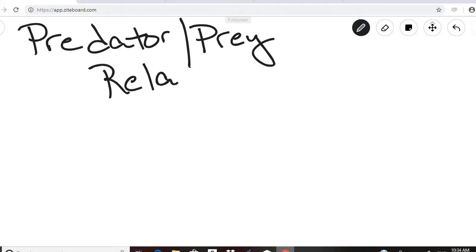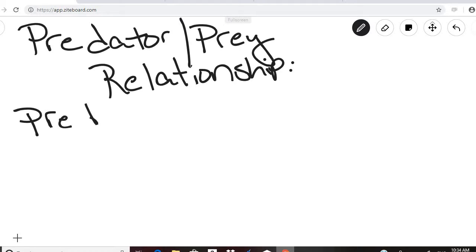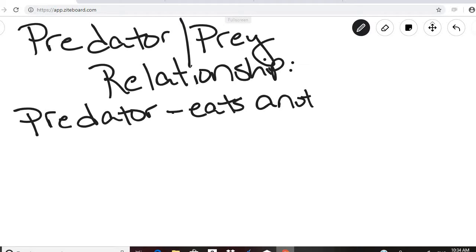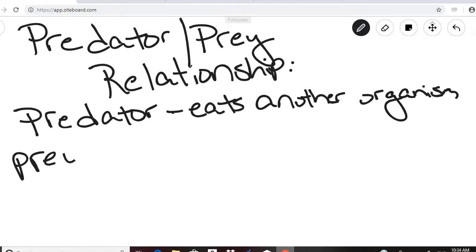I'm sure you are familiar with the terms predator and prey, but just so we're all on the same page: a predator eats another organism, and the prey is that which is eaten by the predator.